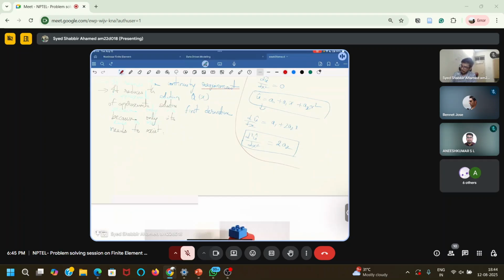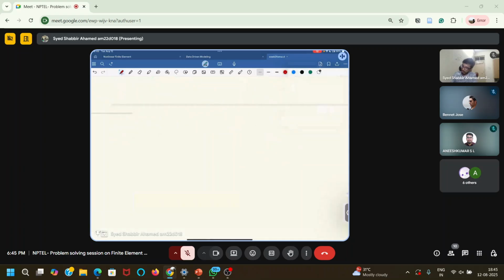So in any finite element problem or a structural problem, there are two kinds of boundary condition. One is the essential boundary condition. Essential boundary conditions are nothing but the boundary conditions which have to be satisfied by the approximate primary variable.